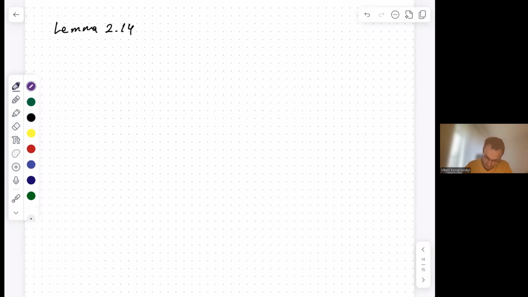Then assume that phi is a cumulant generating function associated with the random variable xi.